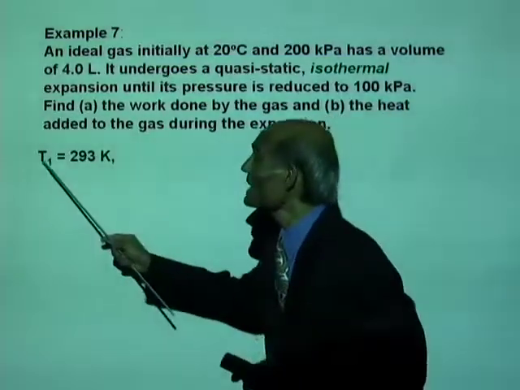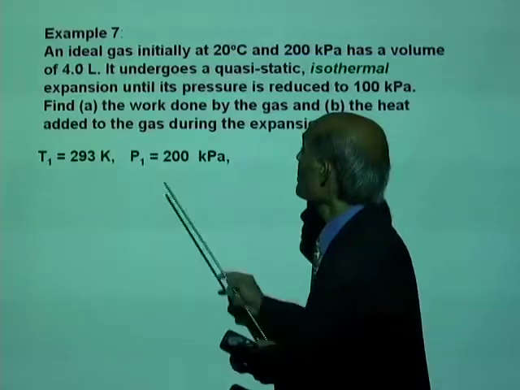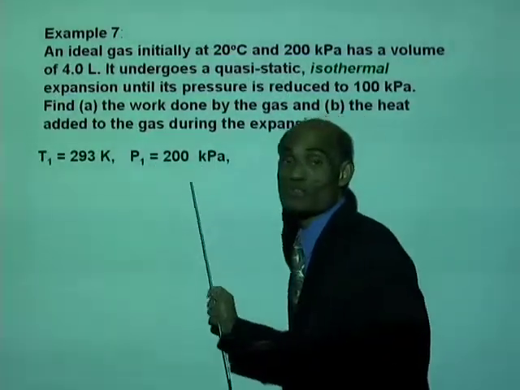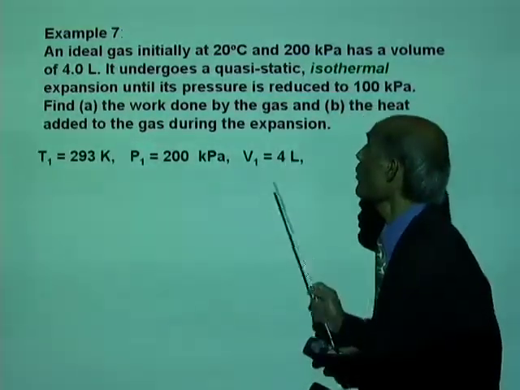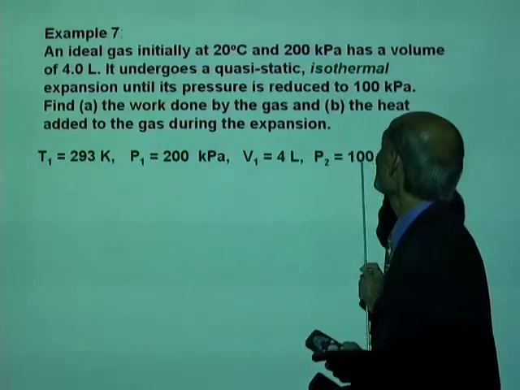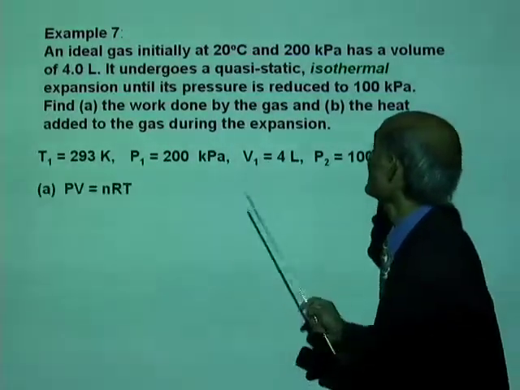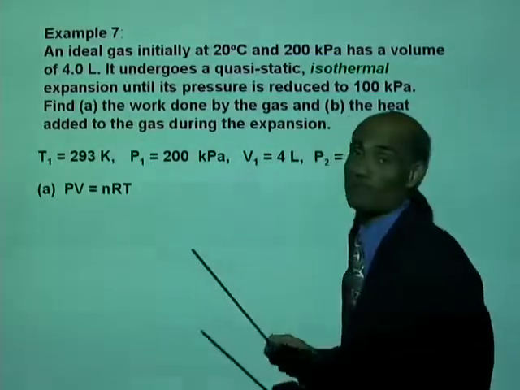Alright, let's pick the data. T1 is 293 Kelvin. P1 is 200 kilopascals, which is 200,000 Pascals. V1 is 4 liters. P2 is 100 kilopascals. And we need to find the work done by the gas.